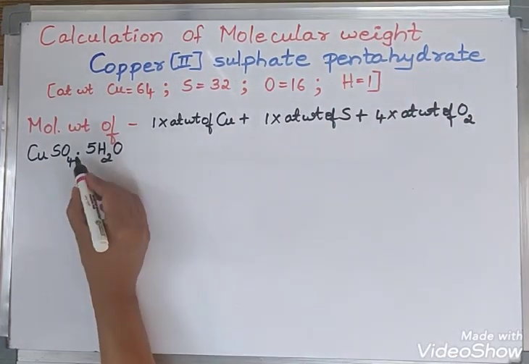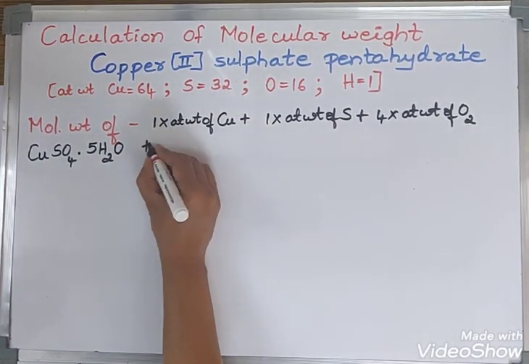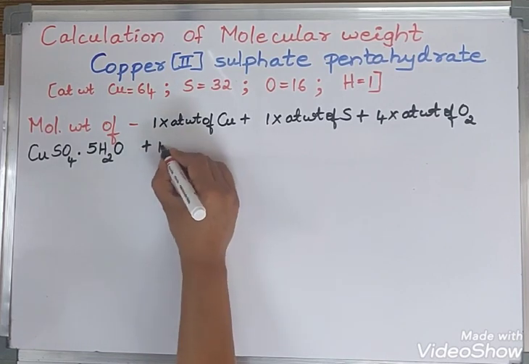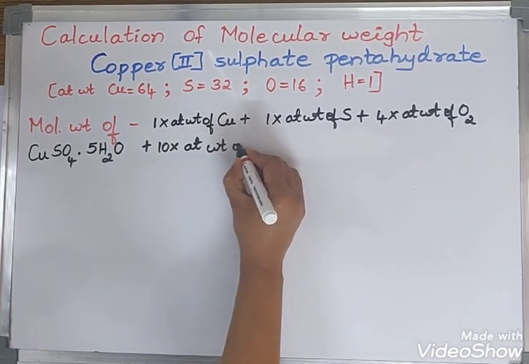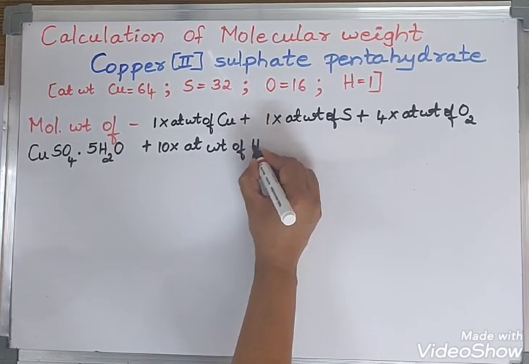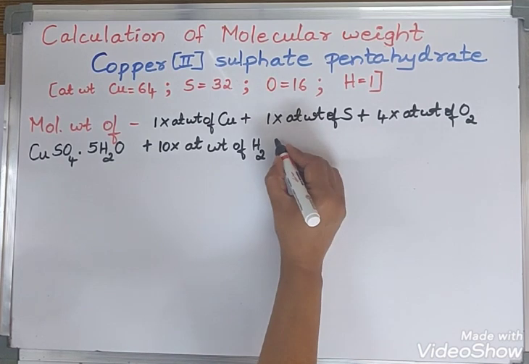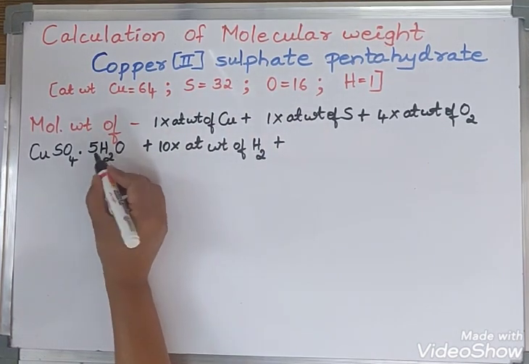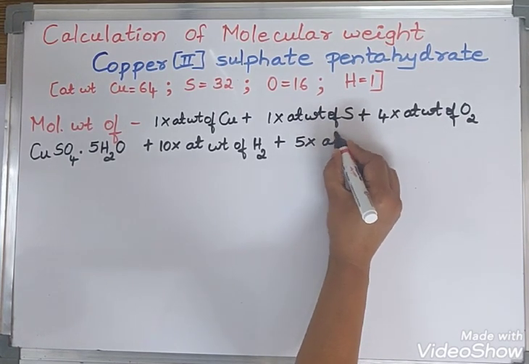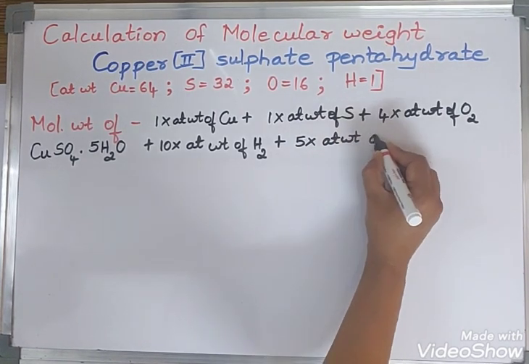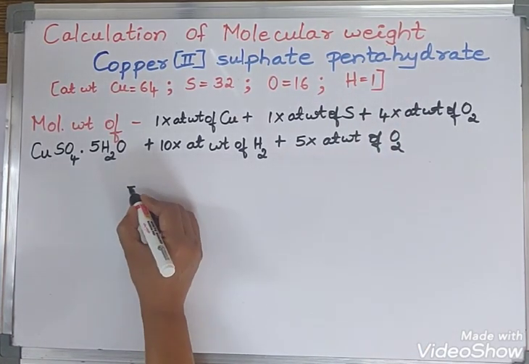And now we have 5H2O, but here you have to write it as plus 5 twos are 10, 10 into atomic weight of hydrogen, plus 5 atoms of oxygen, 5 into atomic weight of oxygen.